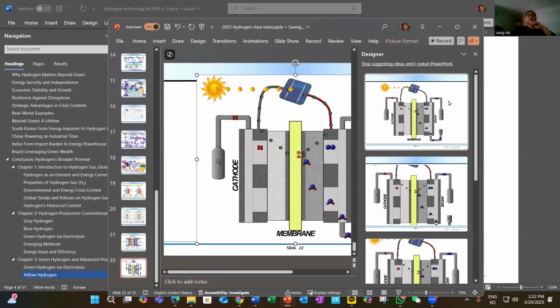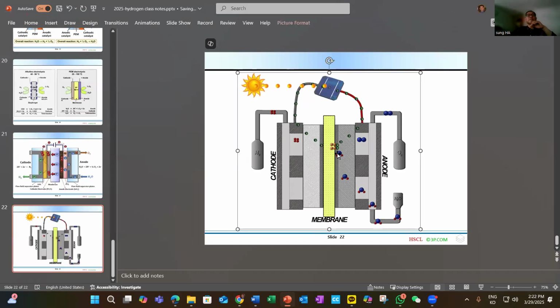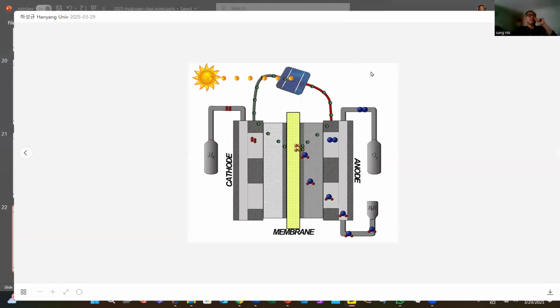Same figures, but this is the simple animation. Well, it's the same explanation, but with a little bit of animation.